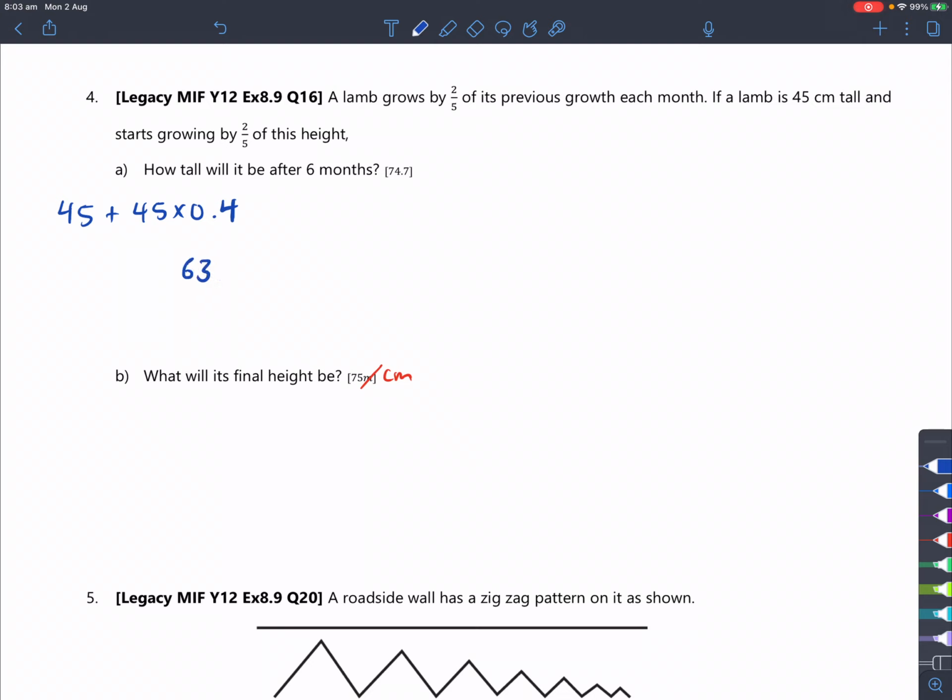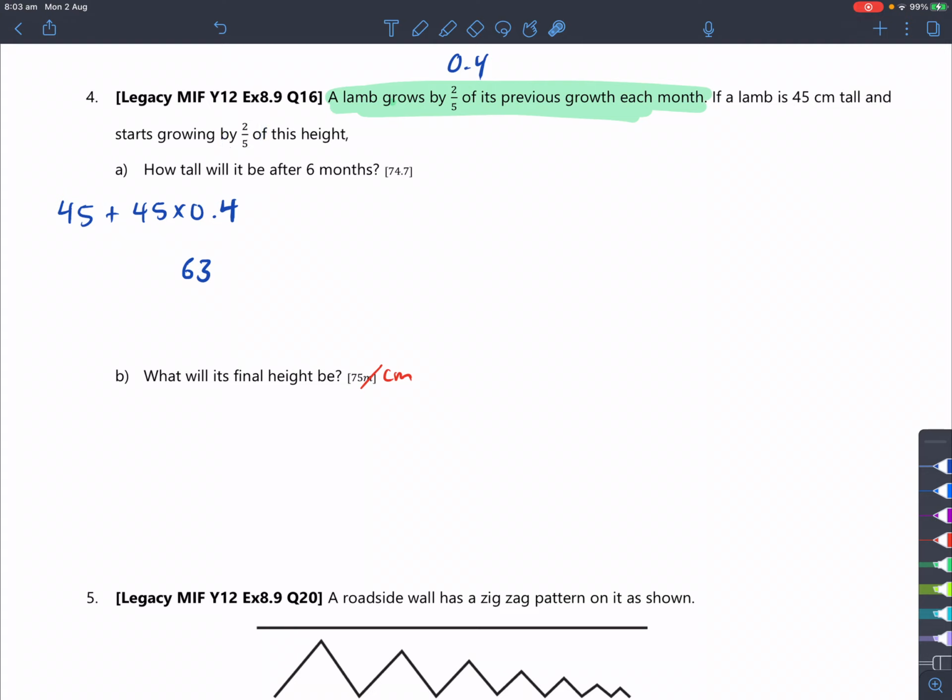Okay? Then, what we're going to do is grow this lamb by 2/5 of its previous growth each month. Okay, this is the hard bit to understand. 2/5 is 0.4. Okay, sorry for not addressing that earlier. 0.4 is the 2/5 here.